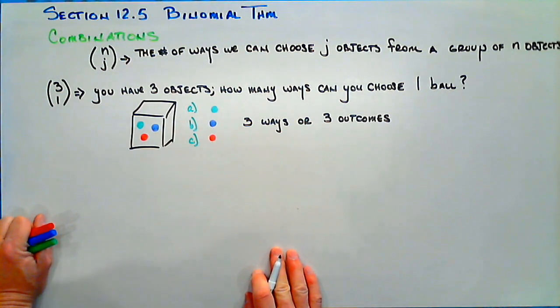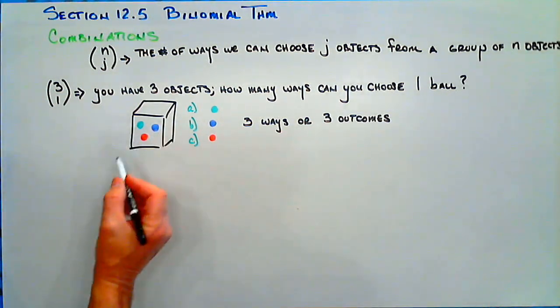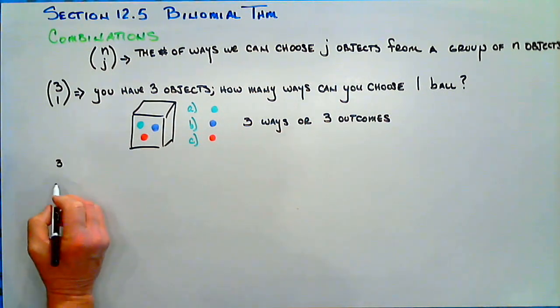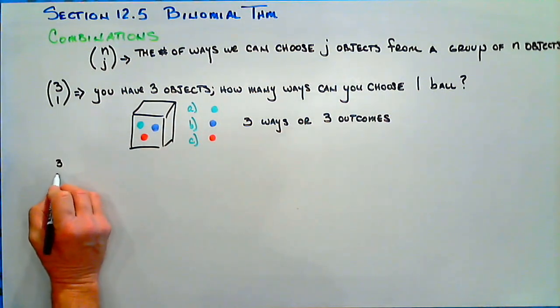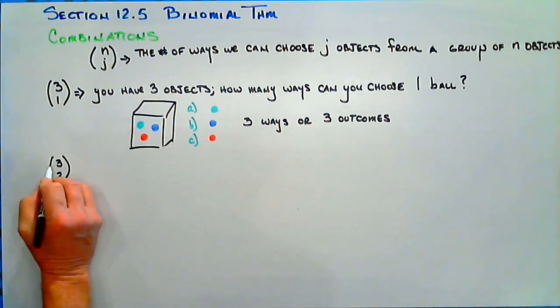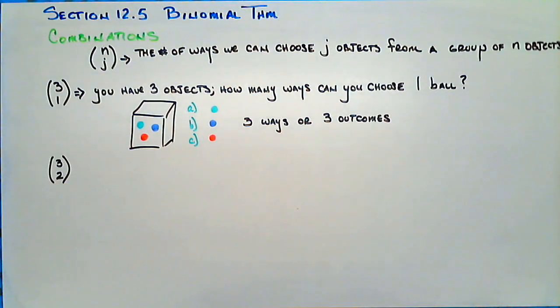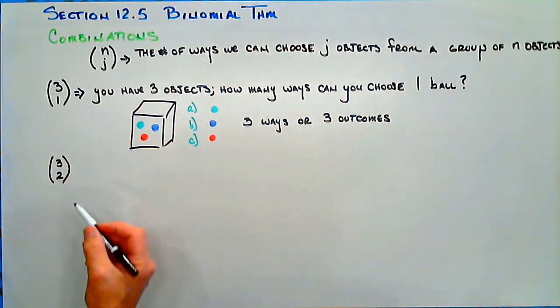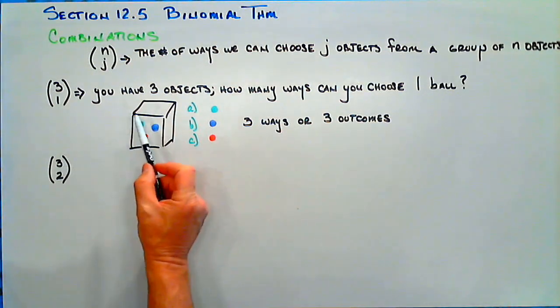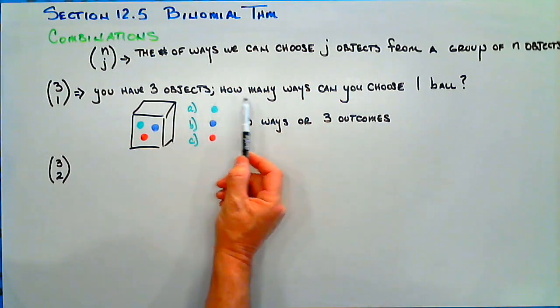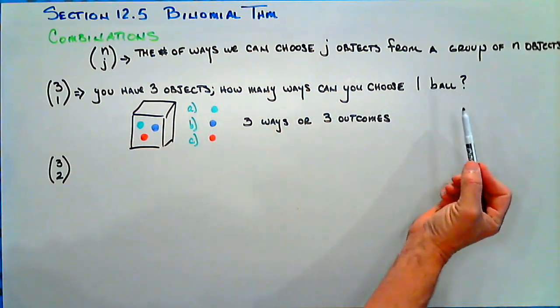Now, what would happen? We'll use the same bag. What would happen if we had the same bag with 3 objects in it, and we wanted to reach in and choose 2 objects? We can read this as: you have 3 objects, how many ways can you choose 2 balls?